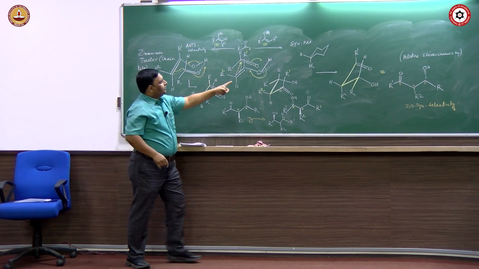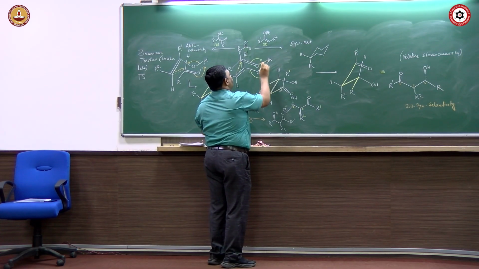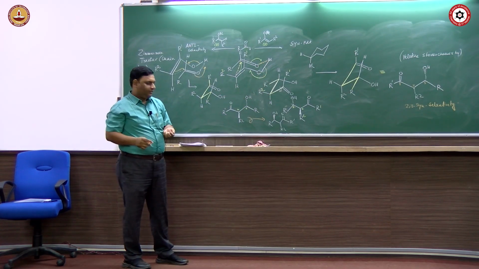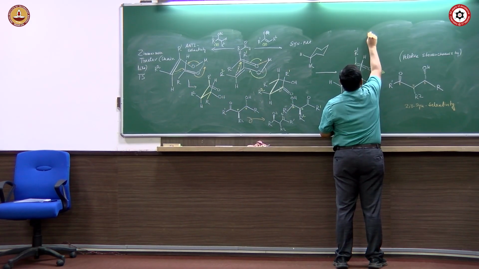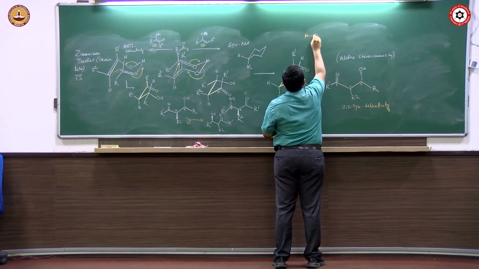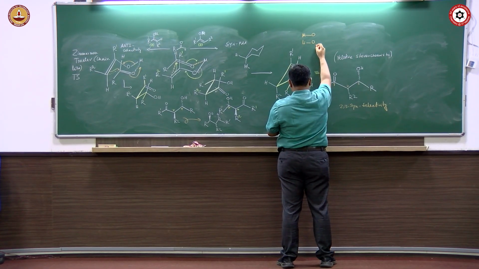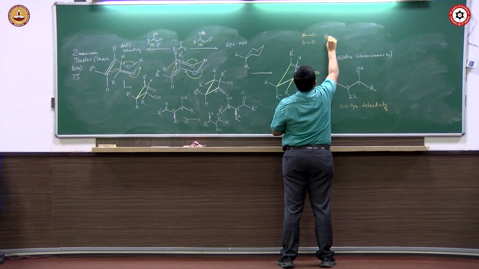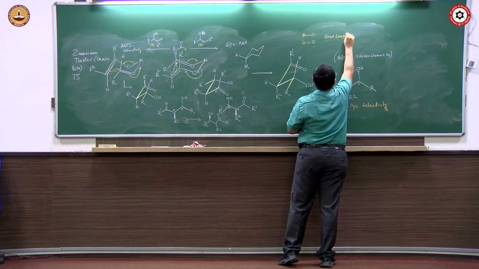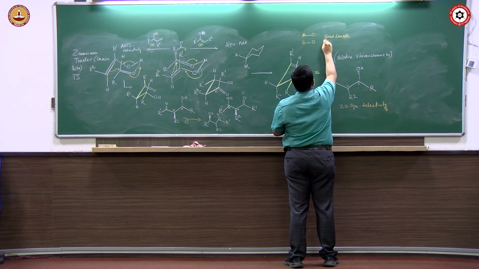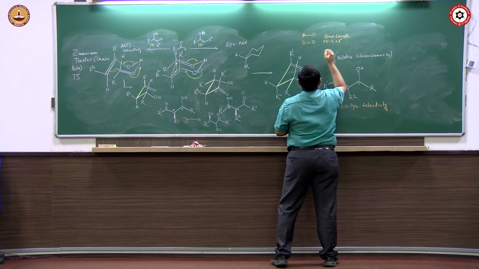So this is the key part: how the bond distance matters. I have the data, let us say for the M-O bond. When M is lithium, the bond length is 1.9 to 2.0 angstrom.